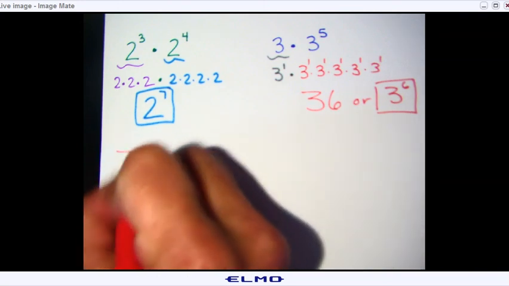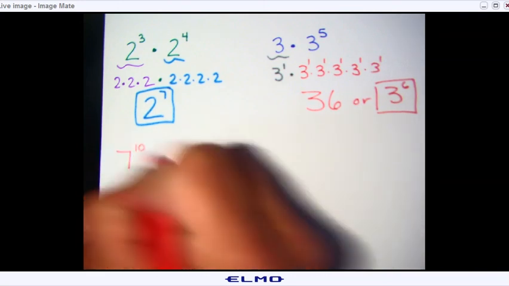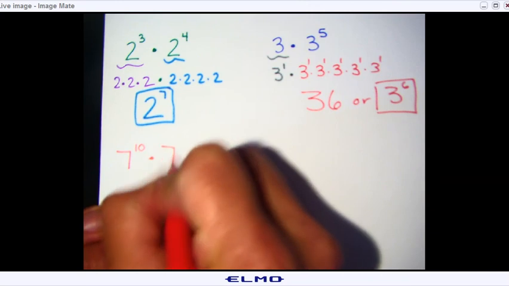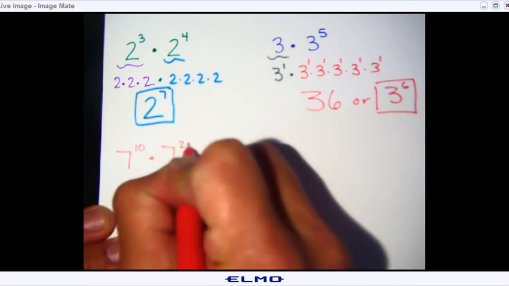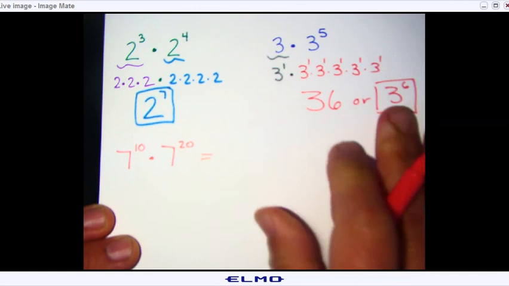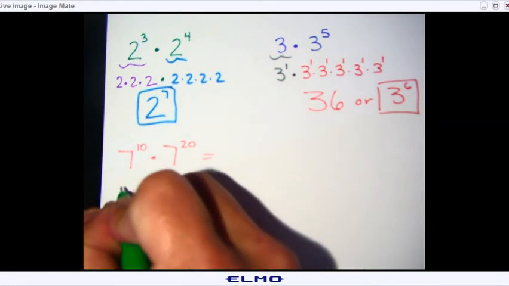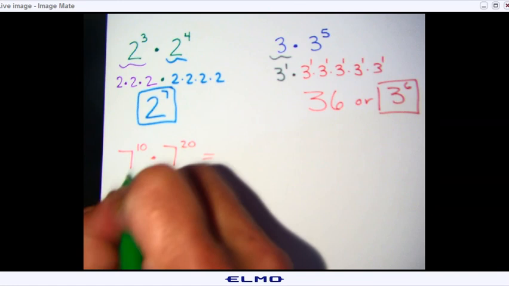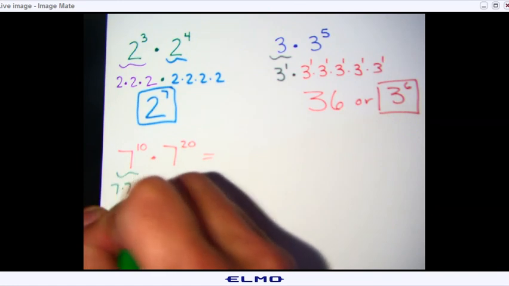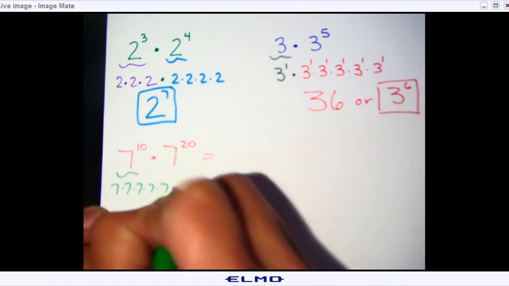Next one is 7 to the power of 10 times 7 to the power of 20. Oh, mister, do I have to write the whole thing up? Well, let's see who's faster. Let's see. 7 to the power of what? So I'm going to do it the long way. 1, 2, 3, 4, 5, 6.